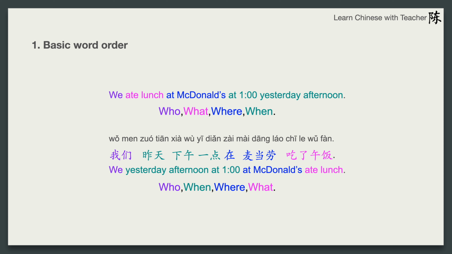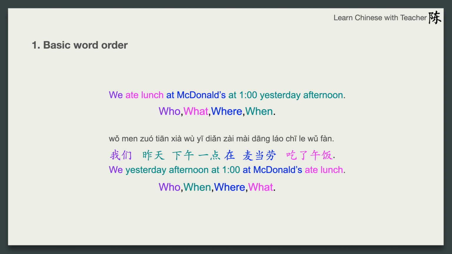As a beginner, you may find that if a native speaker has said a sentence, you would understand the meaning. But if you express the same thing without hearing it before, you will always find it difficult to build the sentence in the right order. That is because of the word order difference between English and Chinese. So, when you are trying to build a Chinese sentence, you need to follow the Chinese sentence word order.